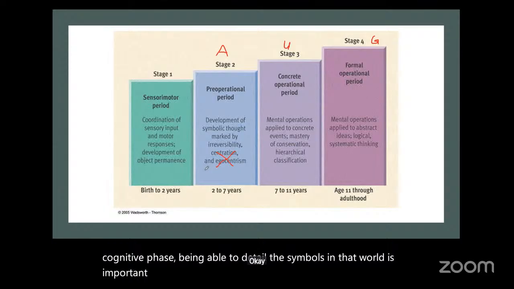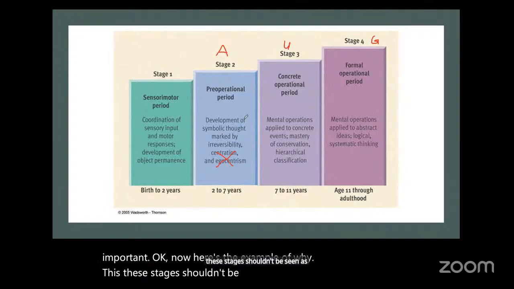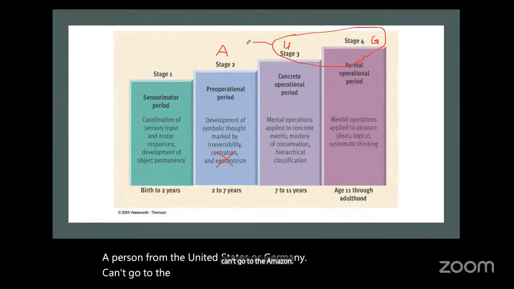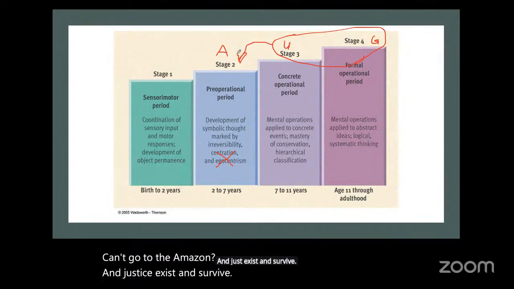Okay. Now, here's the example of why these stages shouldn't be seen as superior to the others. A person from the United States or Germany can't go to the Amazon and just exist and survive. What do we need to do in being here in the United States or Germany?